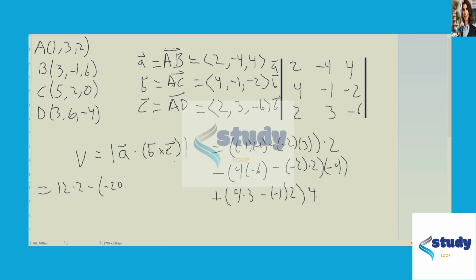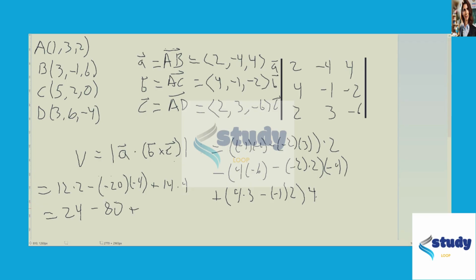That'll be minus 20 times minus 4. And then lastly, 12 minus negative 2 times 4.